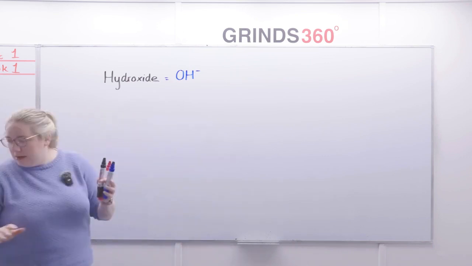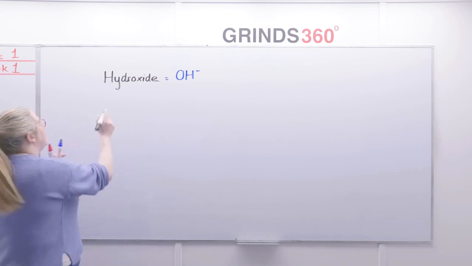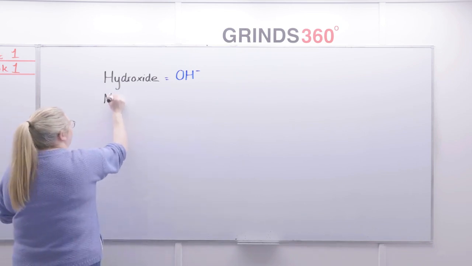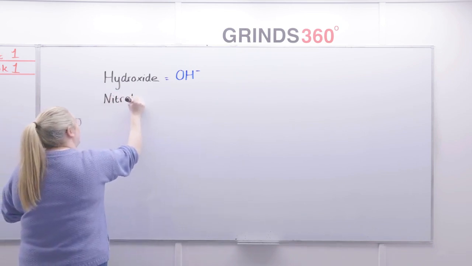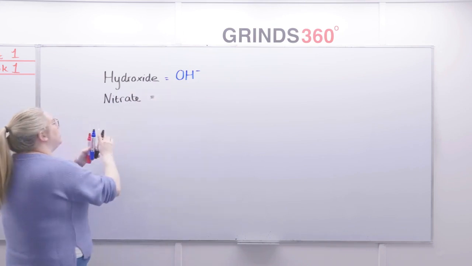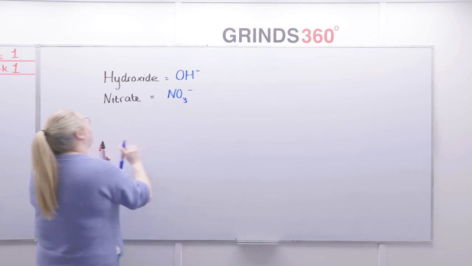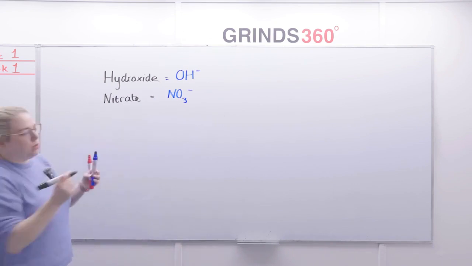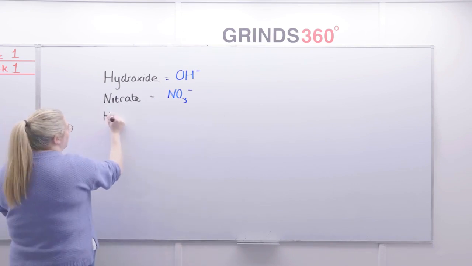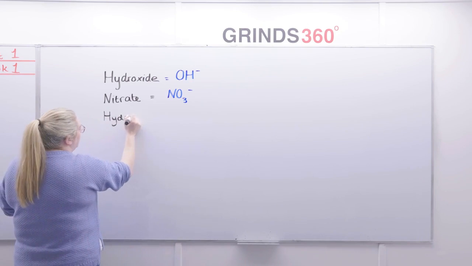Right, the next one in my notes, I'm going to put them in order, is a nitrate. Now we saw the nitrate on the other board is NO3 minus. The next one is hydrogen carbonate. Now this one is a little bit tricky.